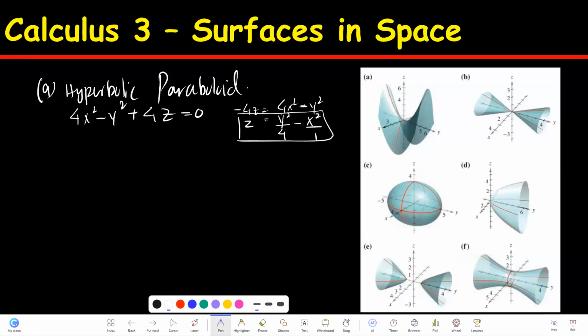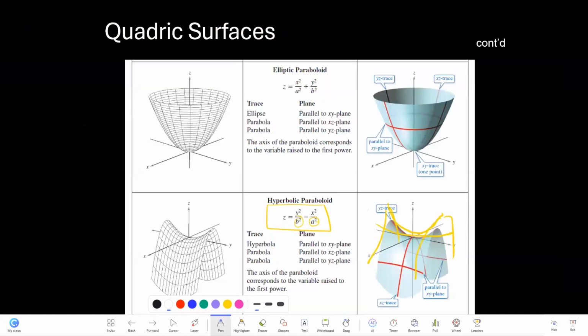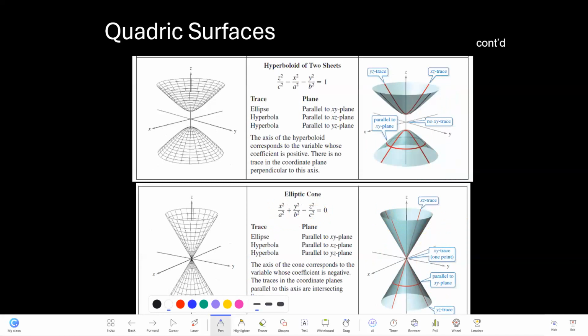B. B will be what? Elliptic cone. B will be elliptic cone right here. This guy, right? Elliptic cone right here.